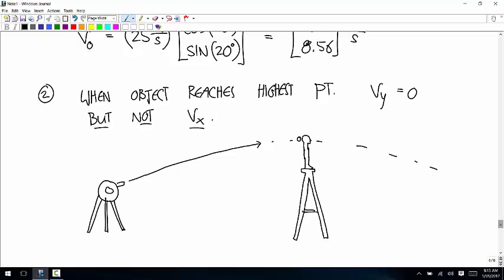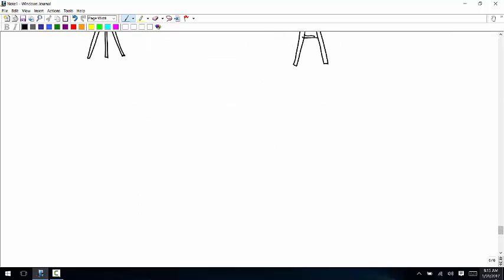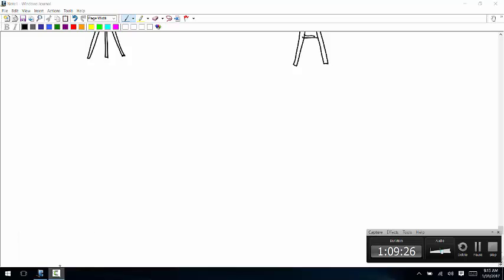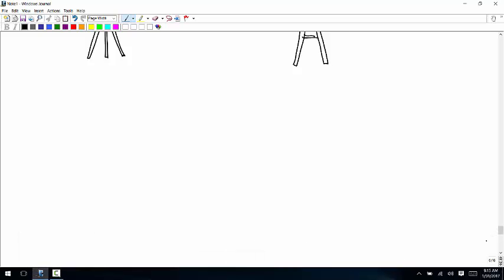Well, let's do a couple problems. So here's the first example I want to do. And I think actually what we're going to do today, we're just going to do this one calculation.